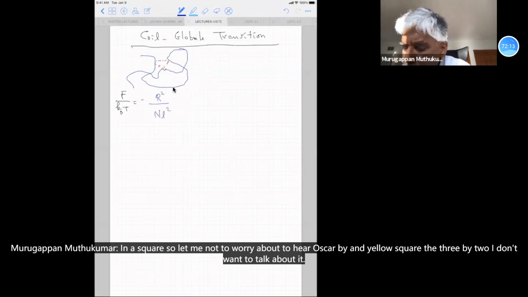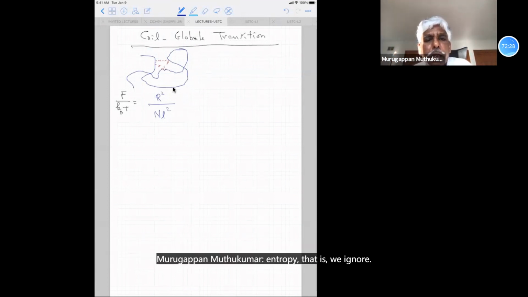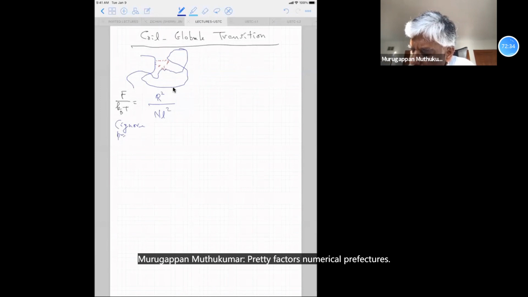So the 3 by 2, I don't want to talk about it. Forget about it for the time being, because we want to be simple-minded. Forget about numerical factors. We are interested in the exponent. So that is coming from entropy. That is, we ignore numerical prefactors.